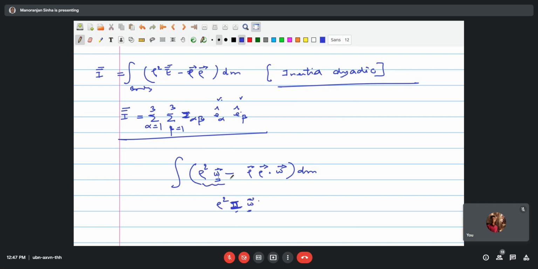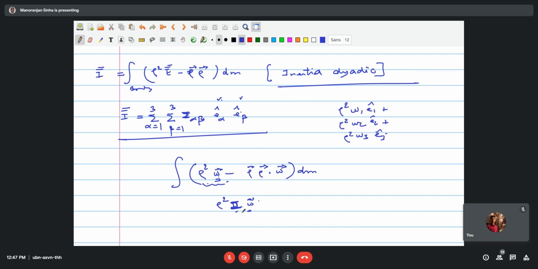So here this term, if you look into, is nothing but rho square omega 1, rho square omega 2, rho square omega 3, multiplied by the corresponding vector. So this is the way it's appearing and all of them are summed up.